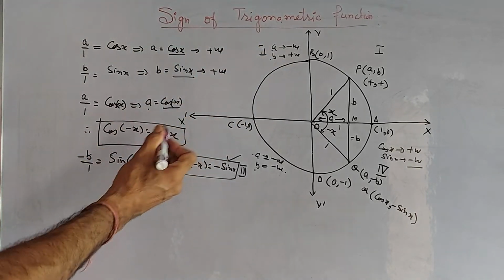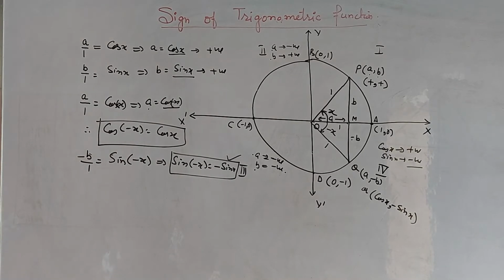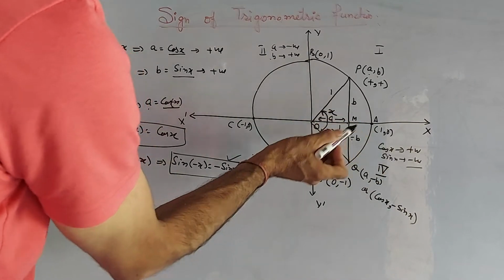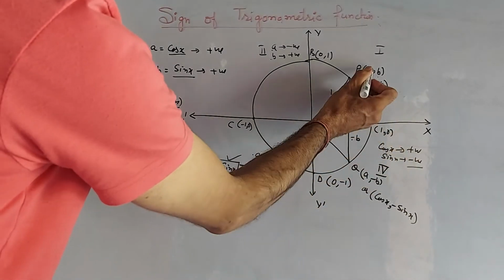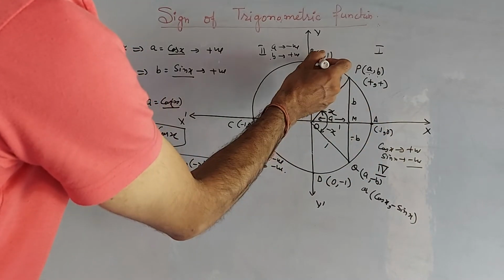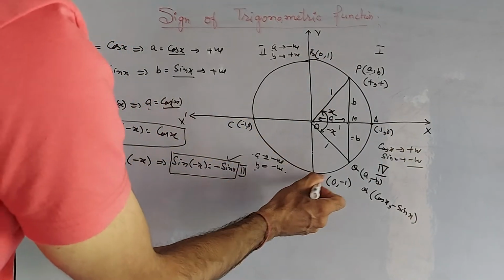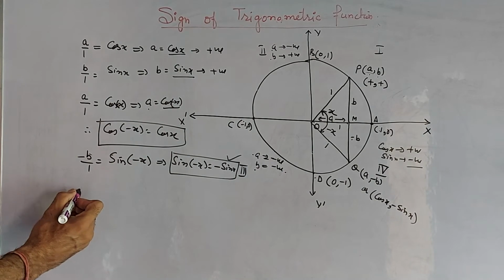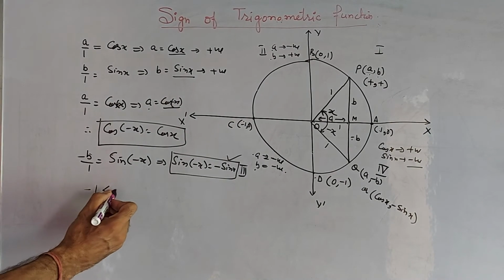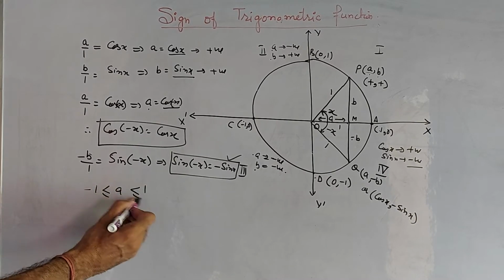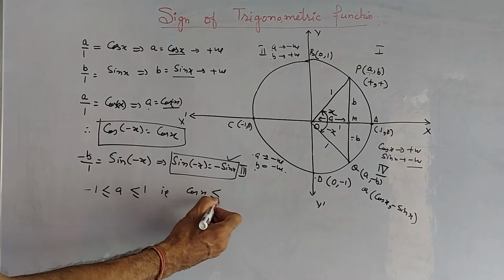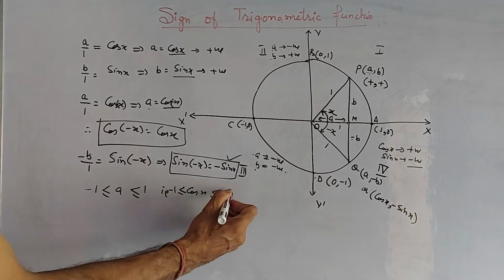From these values, we also know that the value of a goes 1, 0, -1, 0 and 1. It means a is between 1 and -1, that is, cos x lies between -1 and 1.